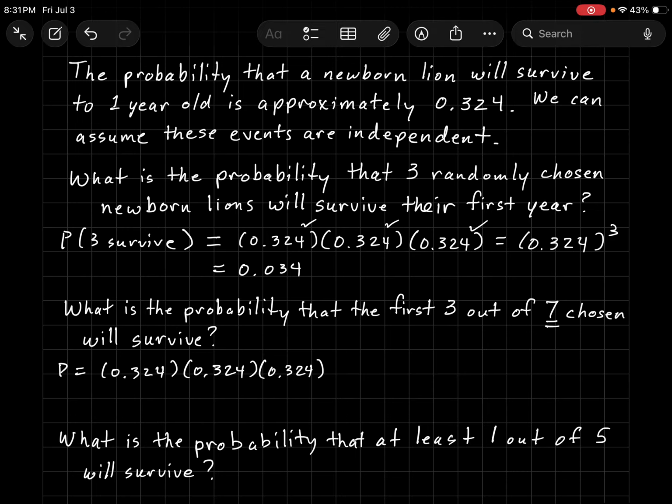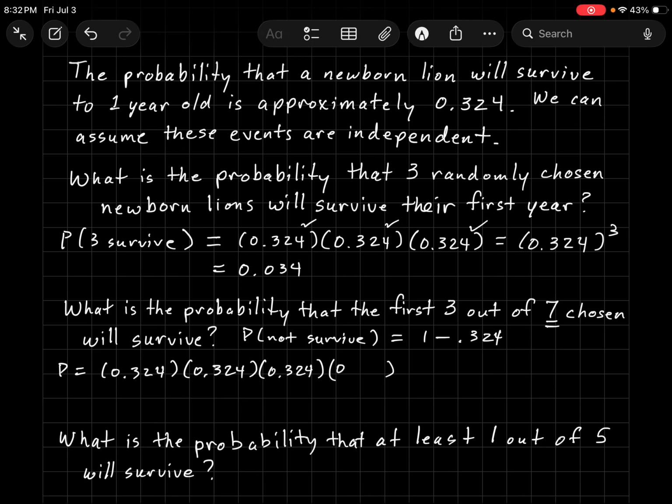Now the fourth one does not survive. So the fourth number I should write should be the probability of not surviving. Well, what's the probability of not surviving? Isn't that the complement of surviving? That is 1 minus 0.324.